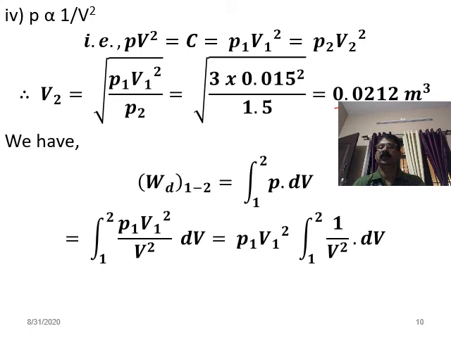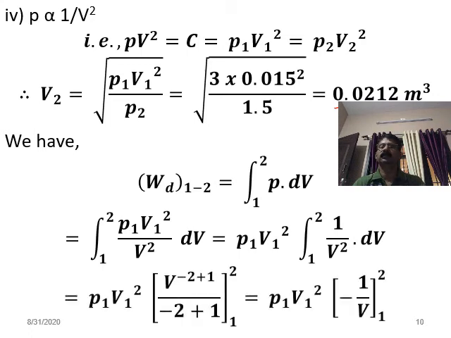So V to the power minus 2 and its integration with respect to dV becomes V to the power minus 2 plus 1 divided by minus 2 plus 1 with the limits from 1 to 2. Now apply the limits. So you get P1 V1 square, because it's minus 2 plus 1, it's minus here.